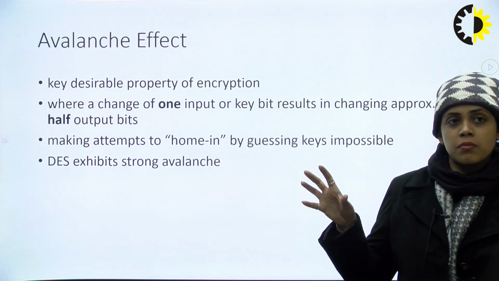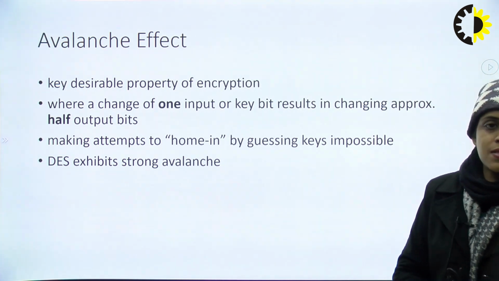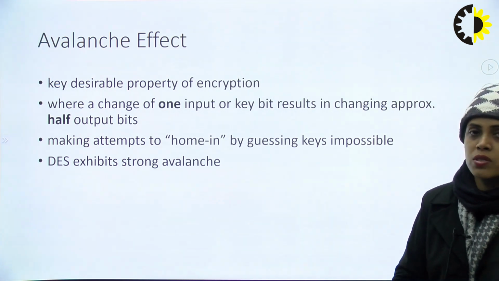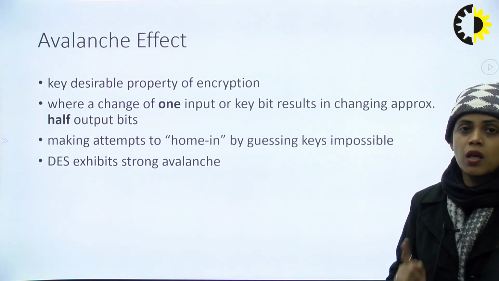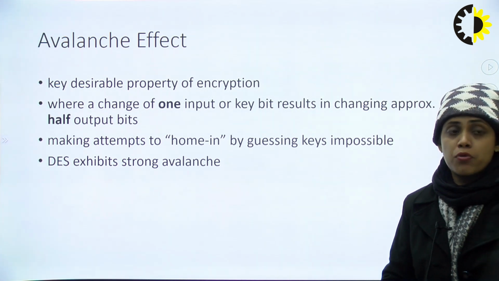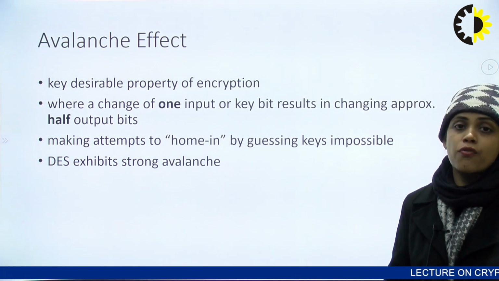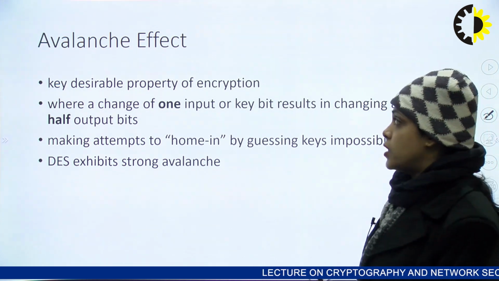What does this basically mean? The Avalanche Effect says that if there is a change in a single bit, meaning 1 is converted to 0 or 0 is converted to 1, a single bit change will affect approximately half of the output bits. So this is a very important thing related to the Data Encryption Standard, the Avalanche Effect.